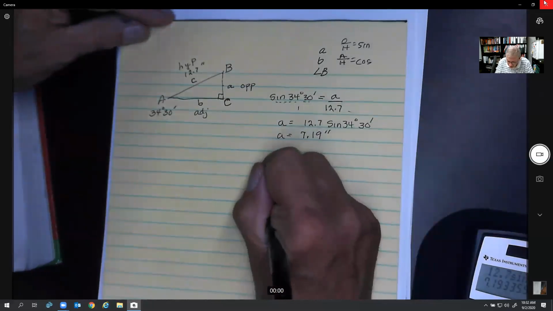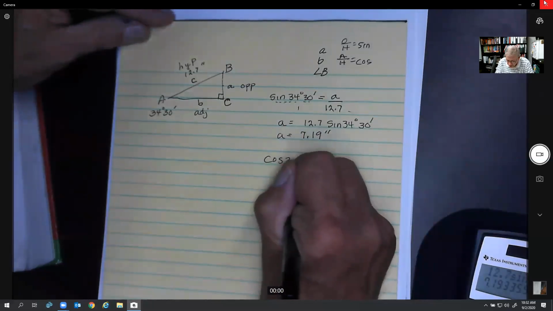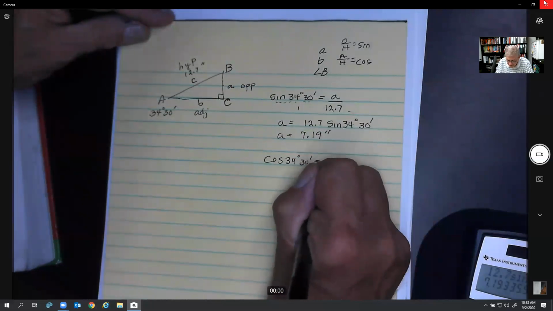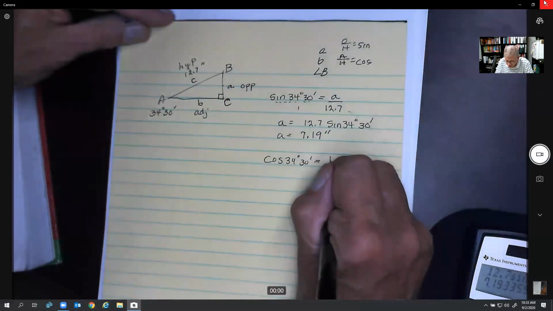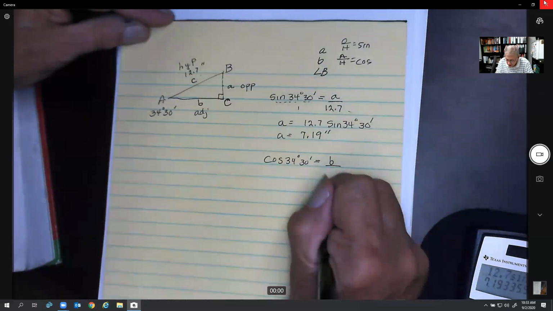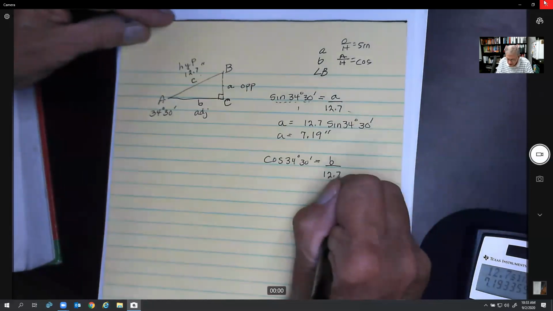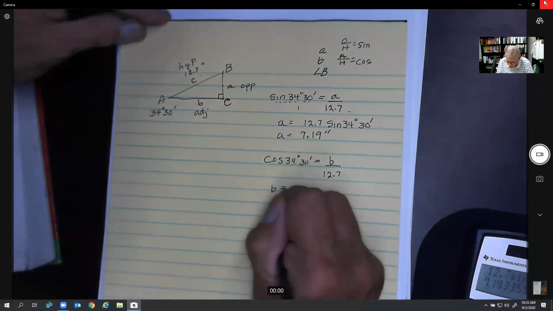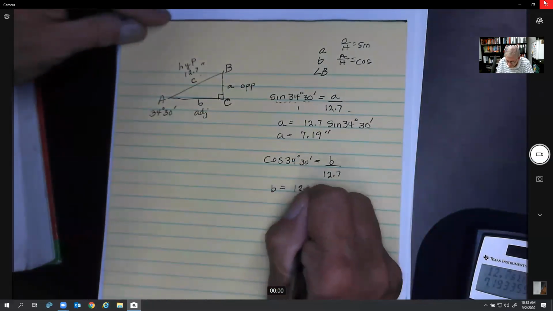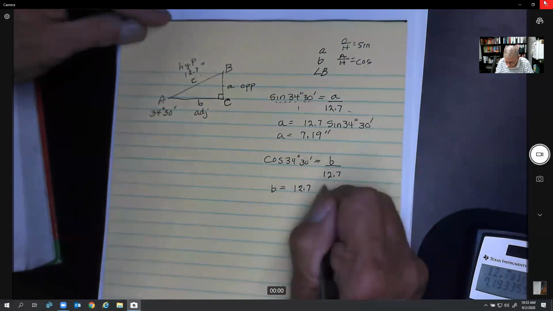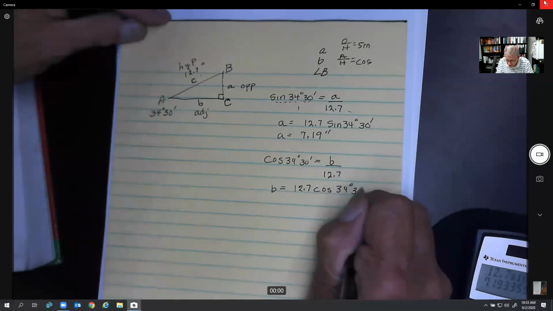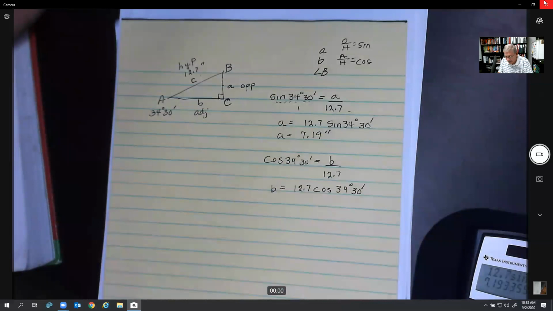So the cosine of 34 degrees, 30 minutes equals the adjacent, which was B, over the hypotenuse, 12.7. So once again, I can just multiply those together. B equals 12.7 cosine 34 degrees, 30 minutes. This is what we call showing our work.